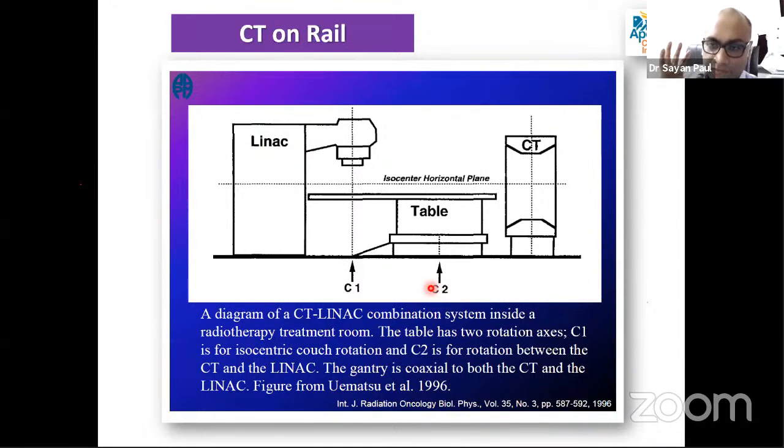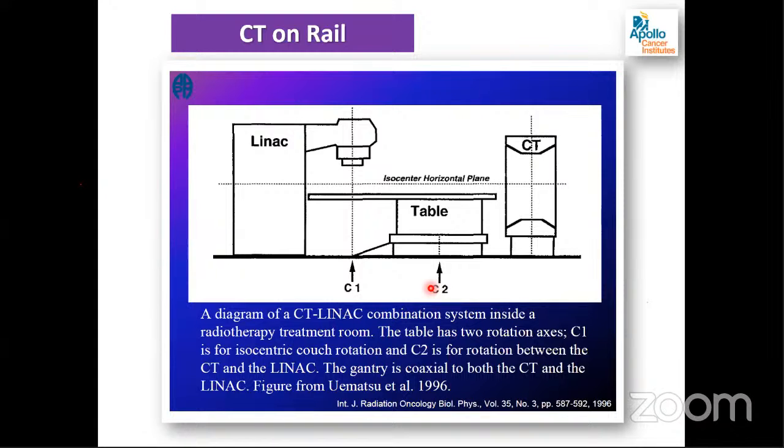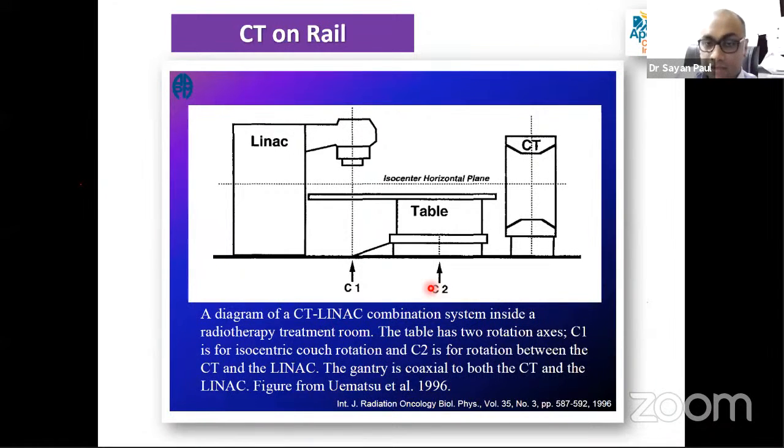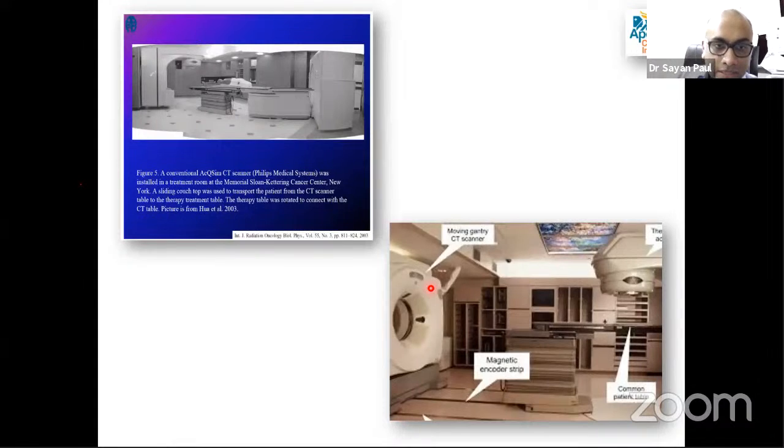So first you position the patient, the couch is rotated, the couch enters inside the CT scan and takes image, then you match the image, then again the table rotates and goes under the gantry head and you treat the patient. This is at Memorial Sloan Kettering Center. Their CT on rail machine, and as it moves on a rail, it's called CT on rail.